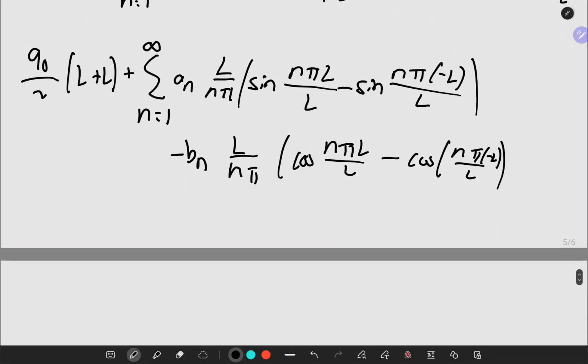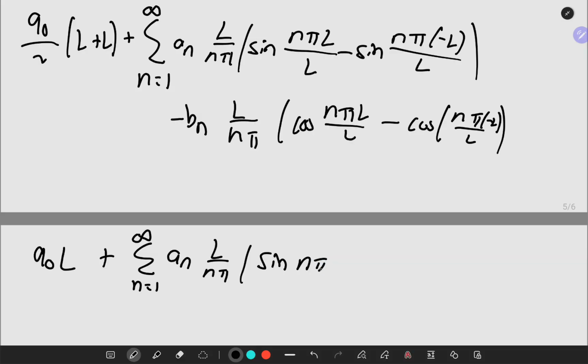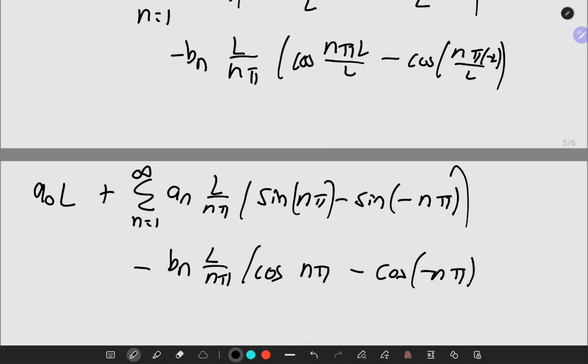So now we're here. This will become a sub naught over 2 times 2L, which is just a sub naught times L, plus the sine of n pi minus sine of negative n pi terms, minus b sub n times cosine of n pi minus cosine of negative n pi.